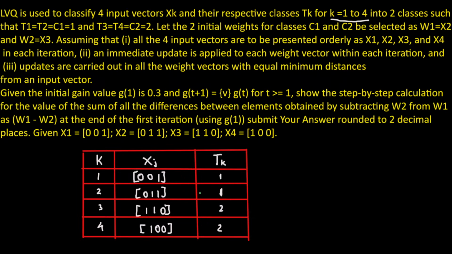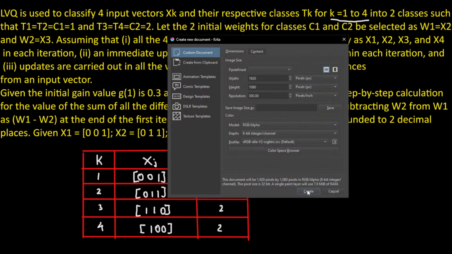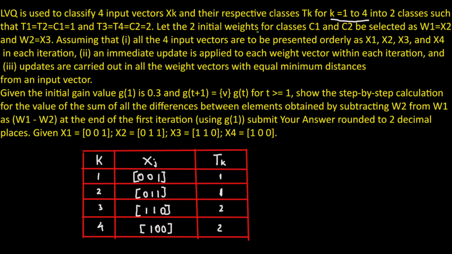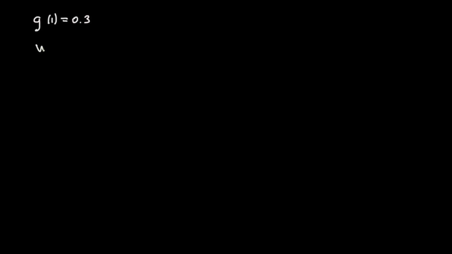Okay, now we have the table, and next the gain is provided to us, which is 0.3, g of 1 is 0.3. I will go to the next page and put it there. Gain given to us is 0.3. Also, they have mentioned in the question that w1 is equal to x2 and w2 is equal to x3.